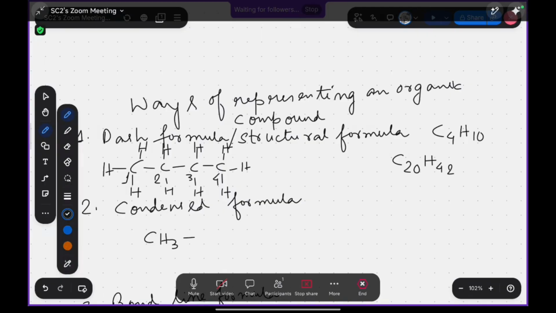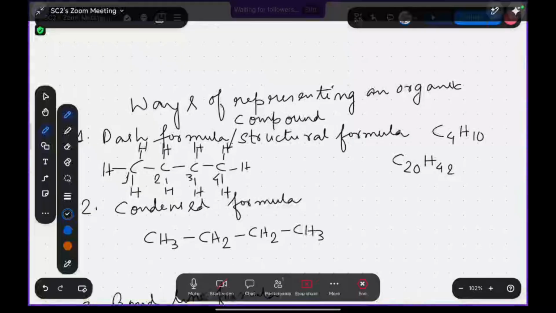Then the second carbon atom has 2 hydrogen atoms, so it is CH2. The third carbon as well contains 2 hydrogen atoms, so it is CH2 again. The fourth carbon has 3 hydrogen atoms, so it is CH3.